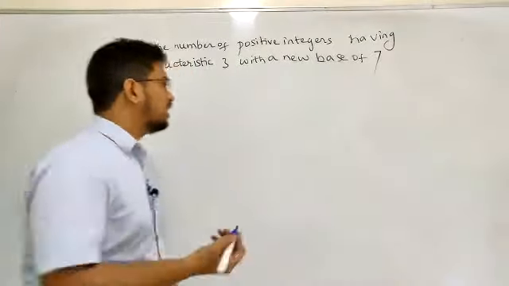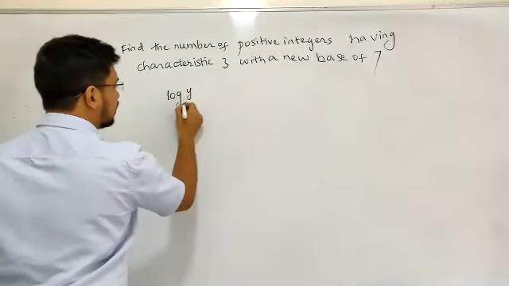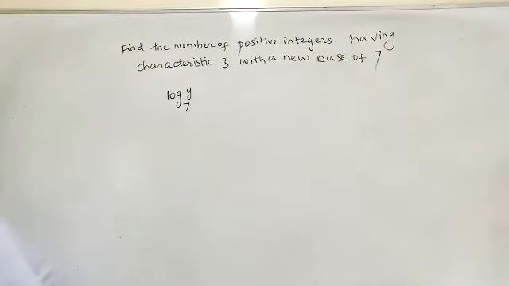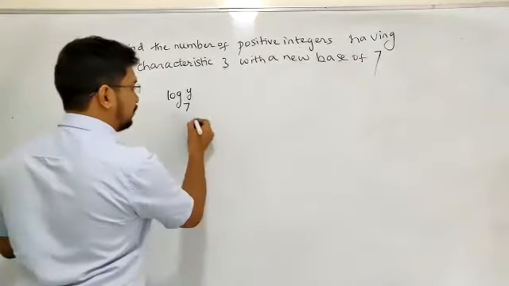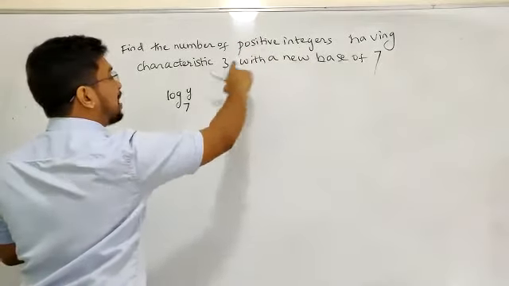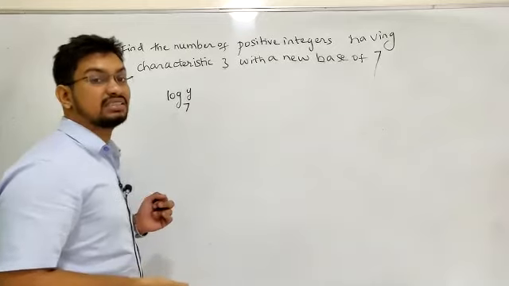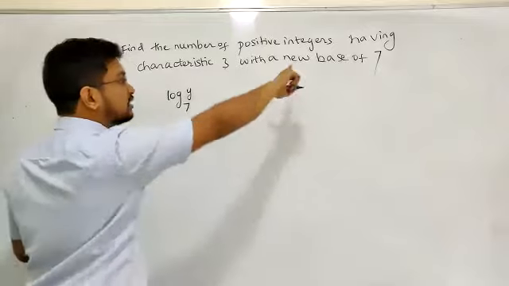So simply, now what they said is this is log y. Instead of giving it to the base 10, they gave you log y to the base 7. They altered the base. So simply your number, they said for this base 7 the characteristic is 3. So the point is, look: I said there is a new base of 7.